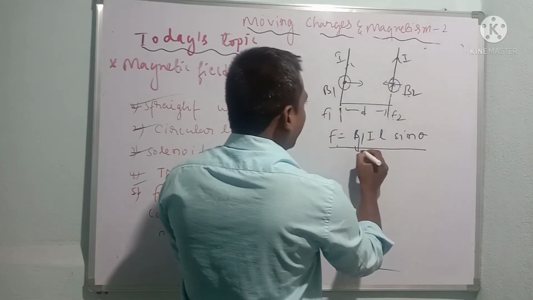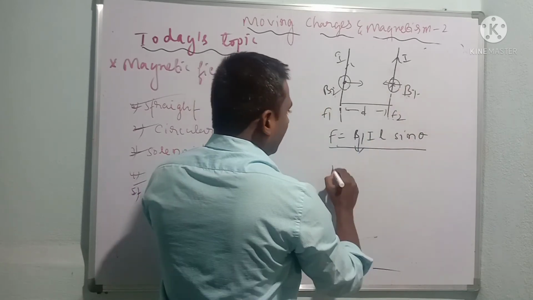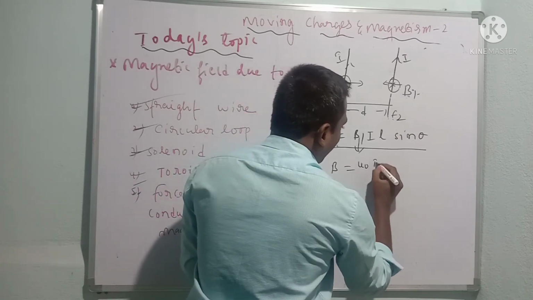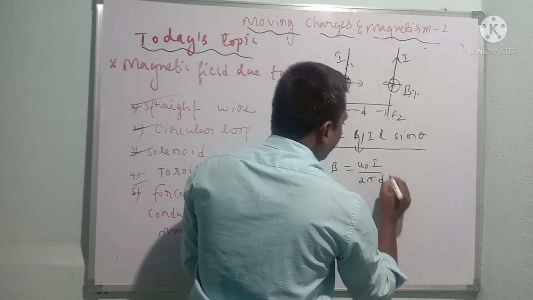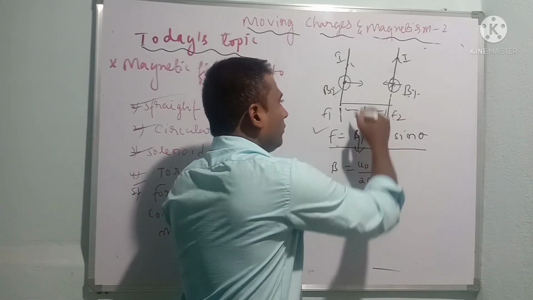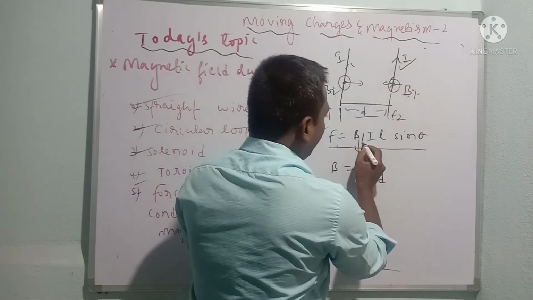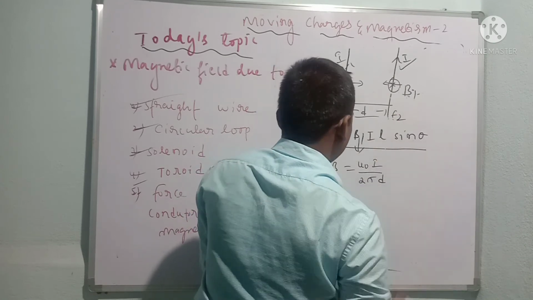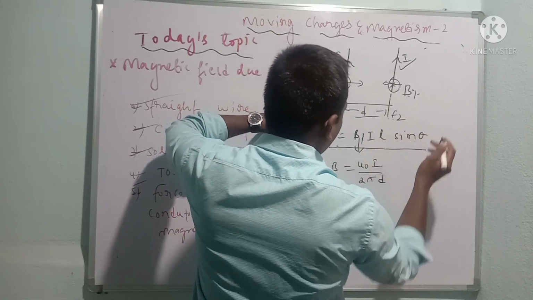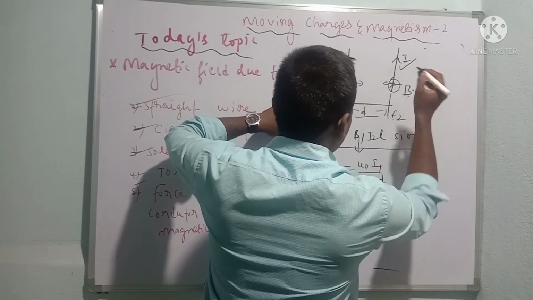Here this magnetic field can be written directly as B = mu naught I divided by 2 pi d, where I am taking d as the distance. So what I have done is taken the force acting on the wire as B1 I L sin theta. Here current 2 is acting on this, and this is current 1.